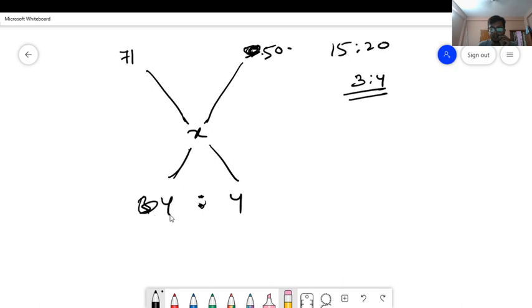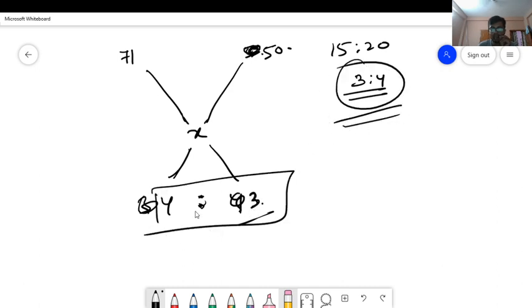So the ratio will be 4 is to 3, the reciprocal of this, which you have to check in the alligation method. Now what would we do? We would put (71 minus x) upon (x minus 50) equals 4 is to 3.